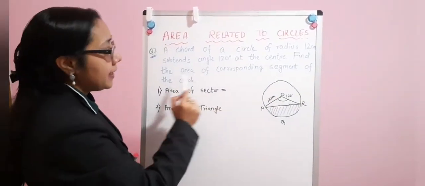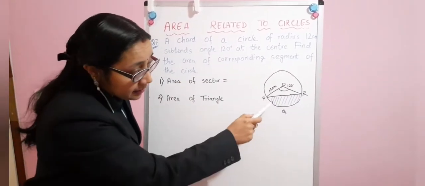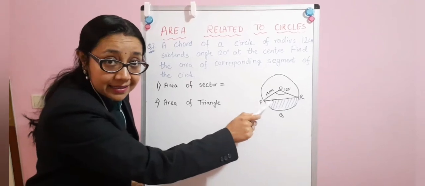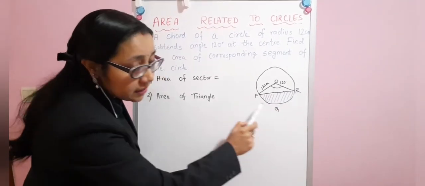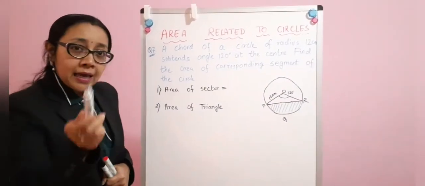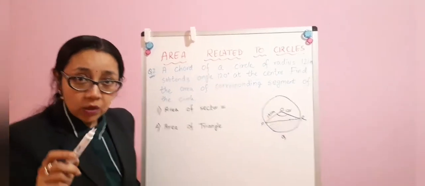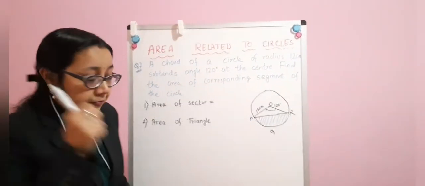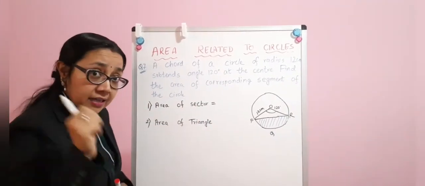Now find the area of the corresponding segment. Segment means the region in blue; that is the area of the segment. So the area of the segment PQR we have to find. That is our objective. As we just discussed, for finding the area of the segment we need two things. The first is the area of the sector, and the second is the area of the triangle.